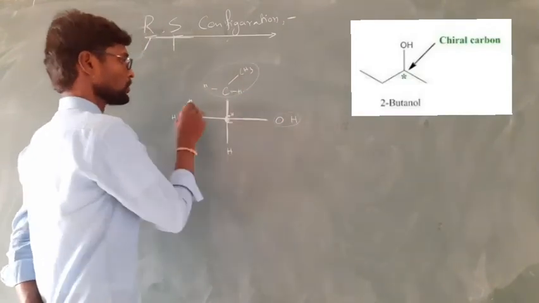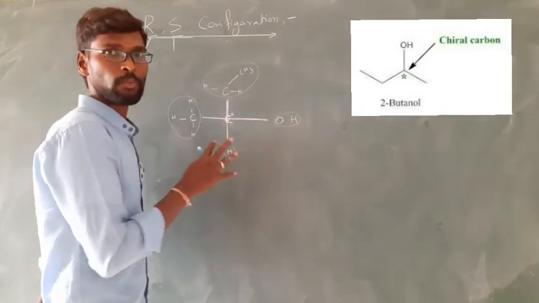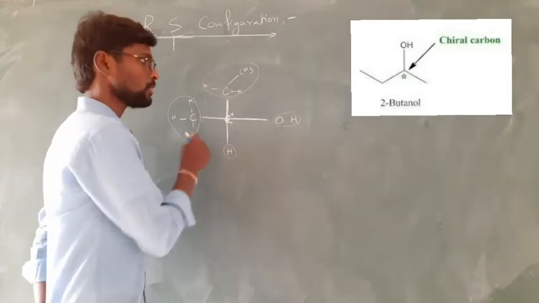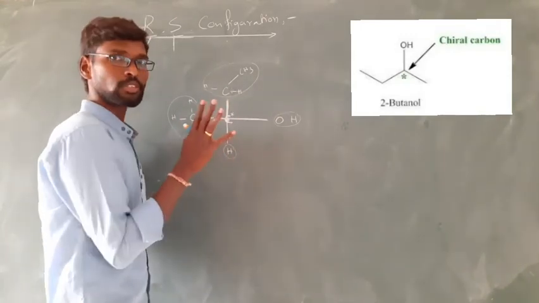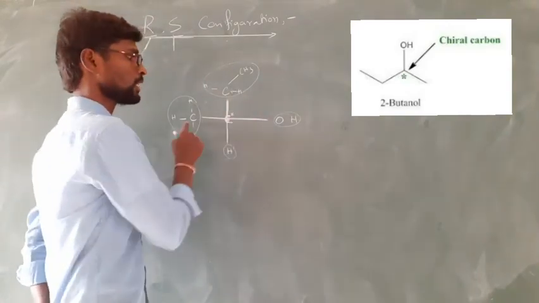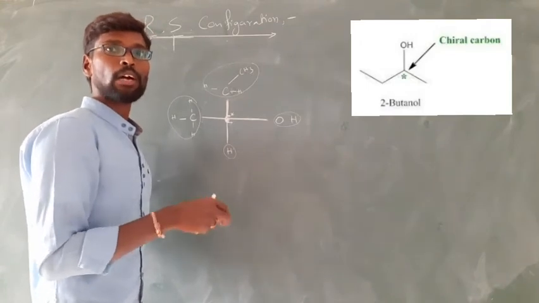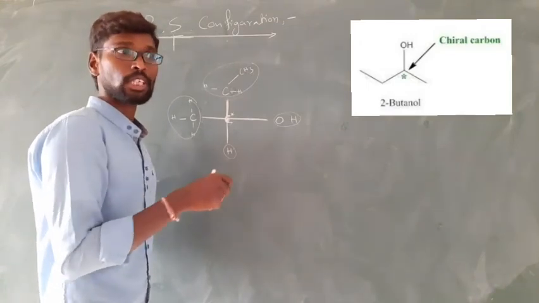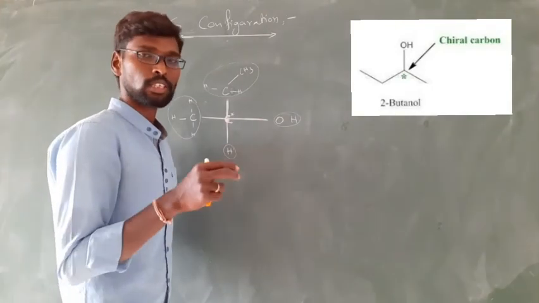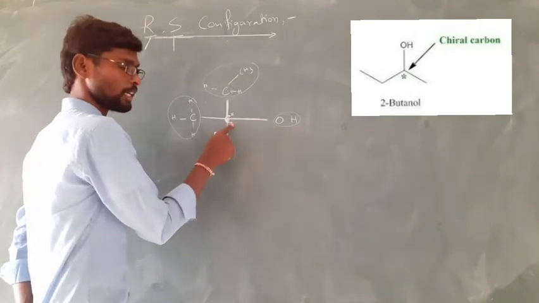For giving the RS configuration, first we have to give numbering to these four groups, like 1, 2, 3, 4. Which group will get the first number, which the second, third? For giving those numbers we have to go with the atomic weights of the atom directly attached to this chiral carbon.